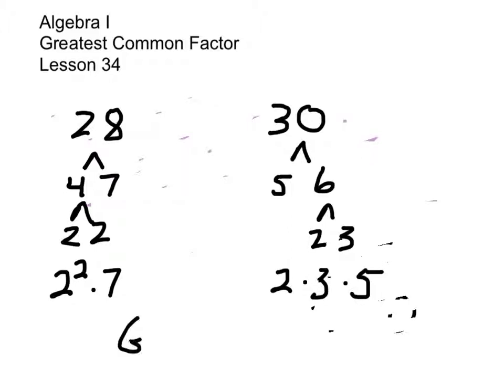Now I'm going to find the greatest common factor. And again, it's got to be what's in both of them. What's common in both of them? For example, do you have a 3 in both of them? No, I don't. Do you have a 5 in both of them? You do not. Do you have a 7 in both of them? You do not. But you do have a 2 in both of them, right? Now over here, you have 2 2's, 2 times 2.